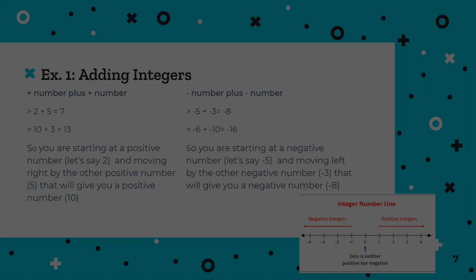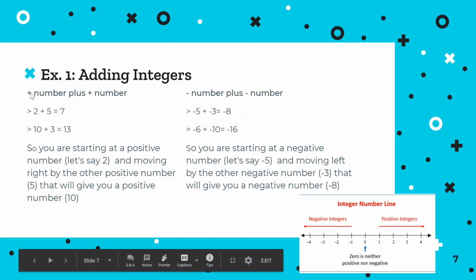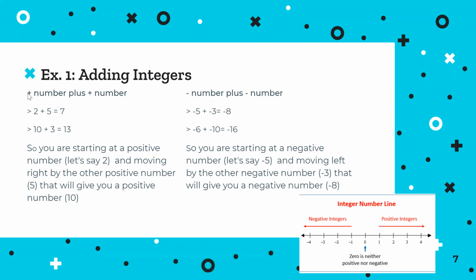The first one we have is a positive number plus a positive number. To make things a little bit easier, I have shown positive numbers with a plus sign, and for negative numbers, I'll show a negative sign. So a positive number plus a positive number is something like 2 plus 5, which is equal to 7.